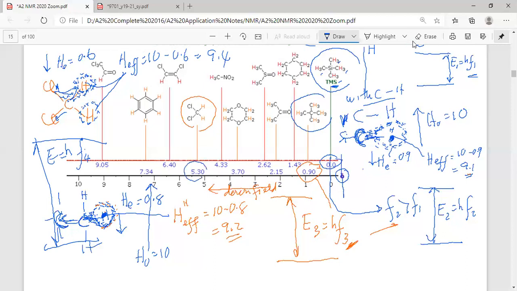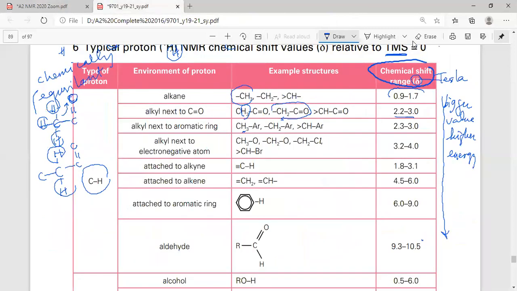So it's saying that as the carbon joined to the hydrogen is connected to atoms which are more electronegative, the electron density at the hydrogen is lessened, so there will be less electric field by the electrons here, so it moves downwards. So it gives a bigger value here. You can see down here.